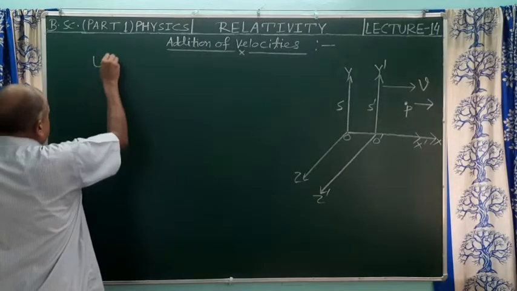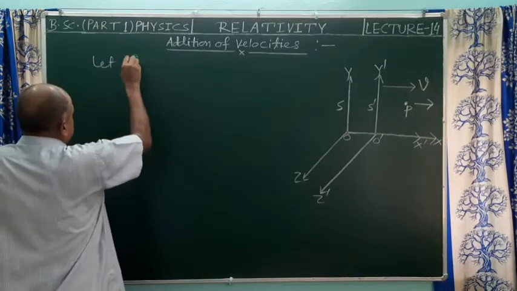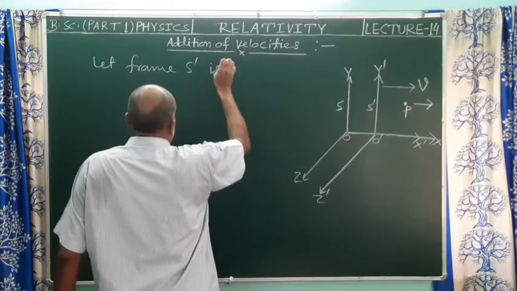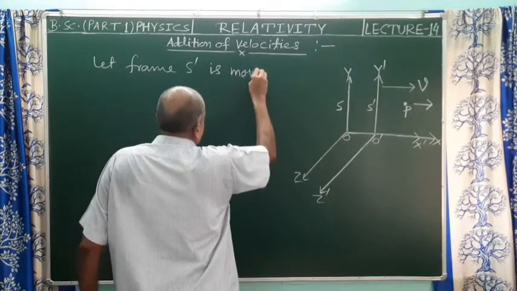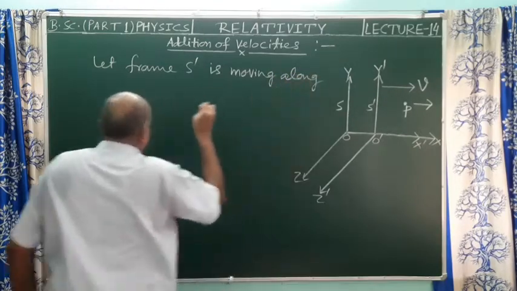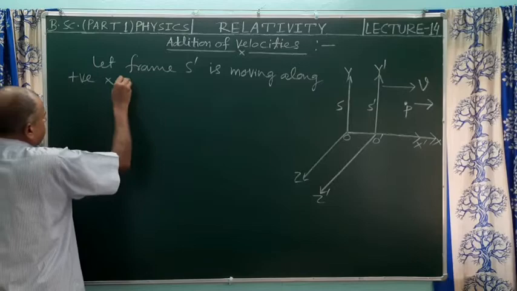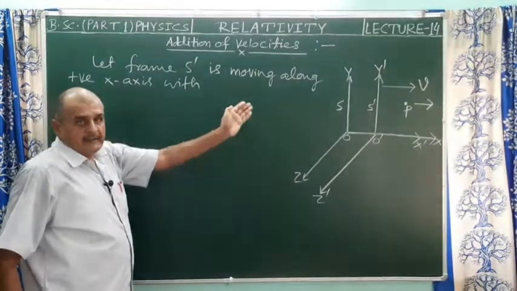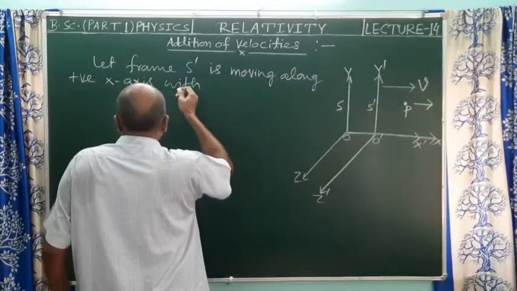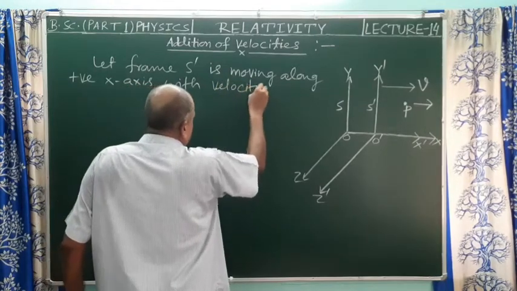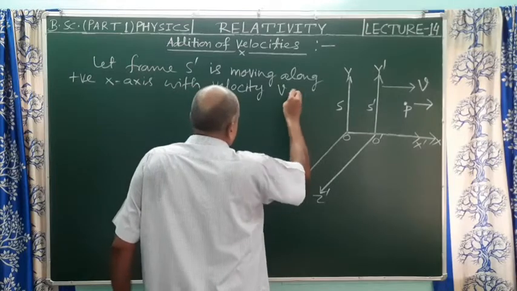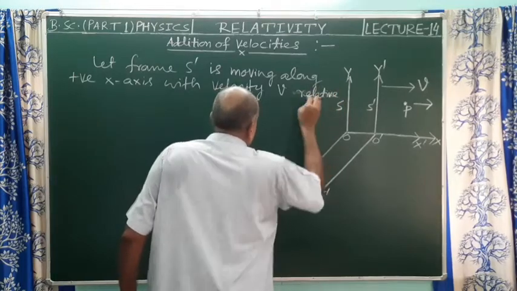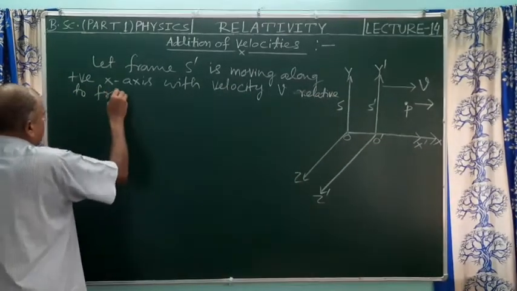Now write down: let inertial frame S dash be moving along the positive x-axis with uniform velocity v relative to inertial frame S.